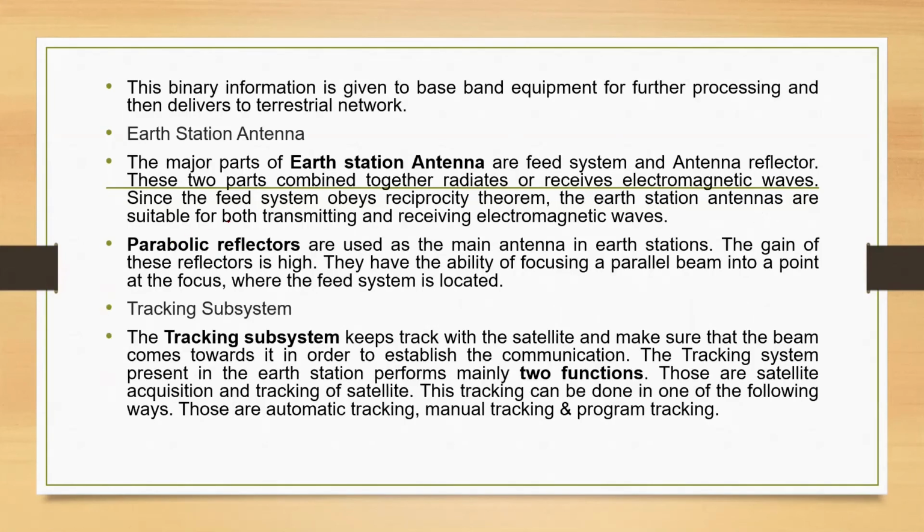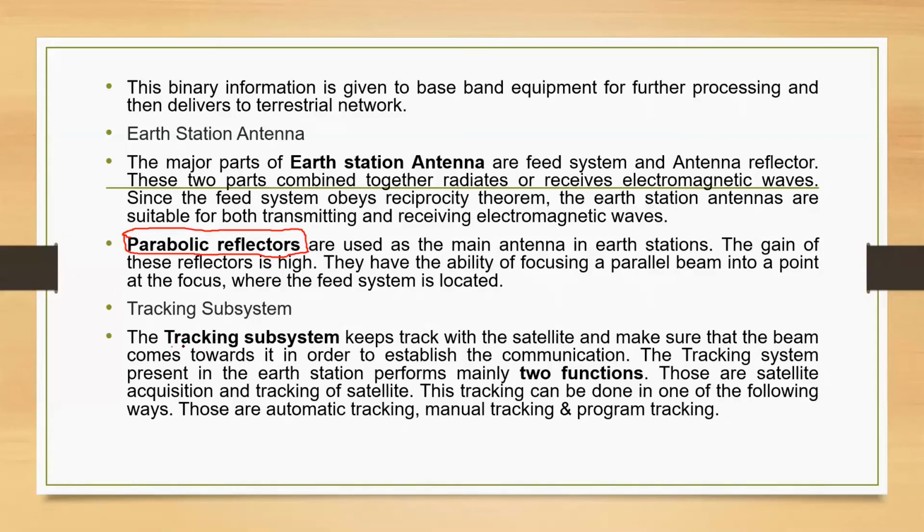And now the earth station antennas are the parabolic reflectors that we have seen in our satellite also. They are similar reflectors, and again we can have the feed system on it that will have a higher efficiency. The gain of these reflectors is high, and with the feed system we further improve its efficiency by using the whole of the reflector system.